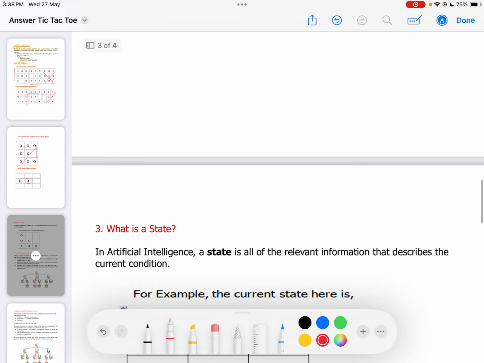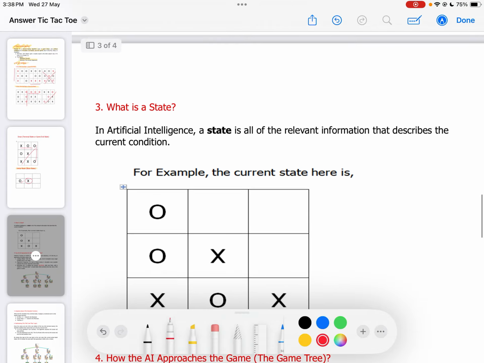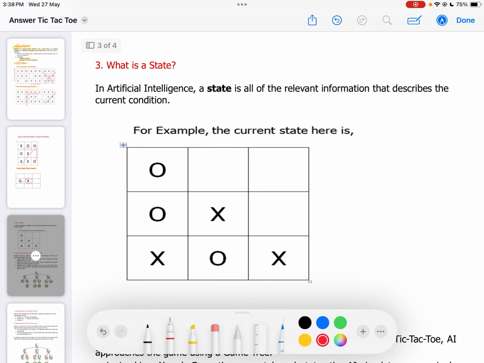So let's now talk about what is a state. Students, what you need to understand is that you will have to approach this not only from a game perspective, but we'll also have to talk about AI. That only will bring you marks. Now you need to understand what is a state.